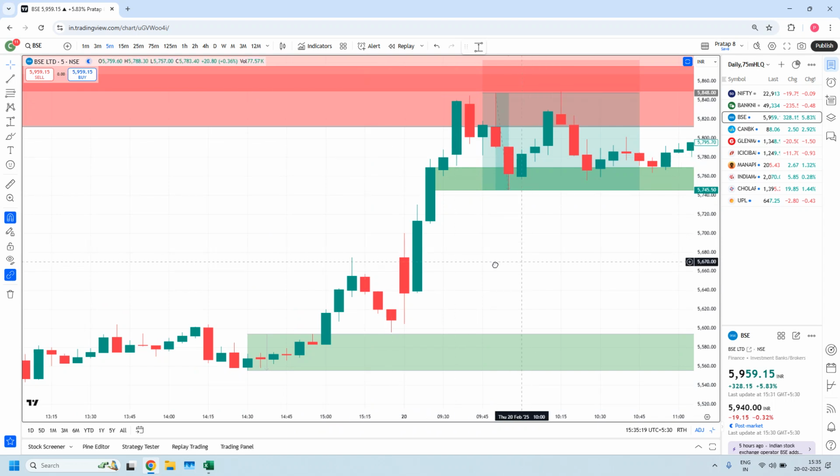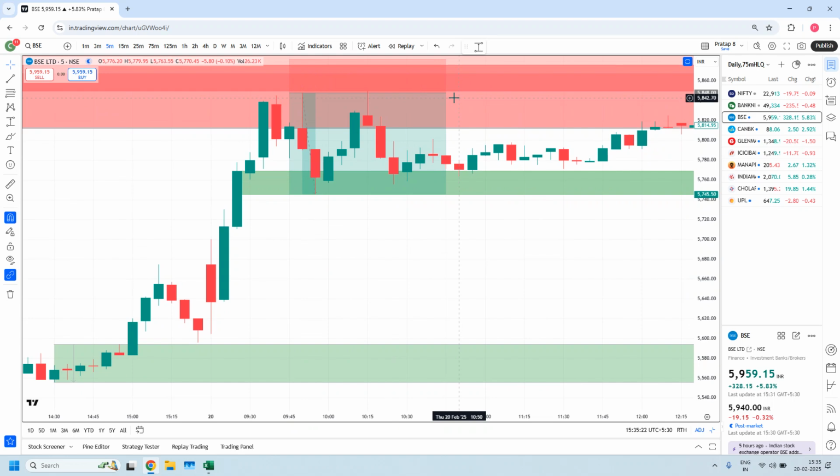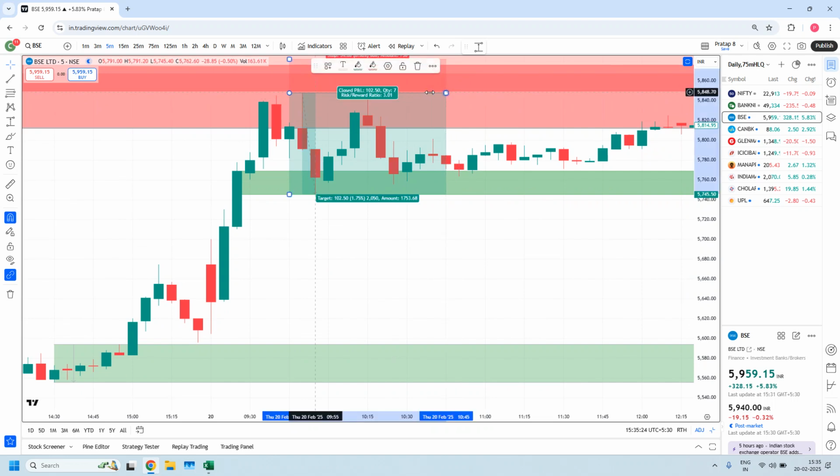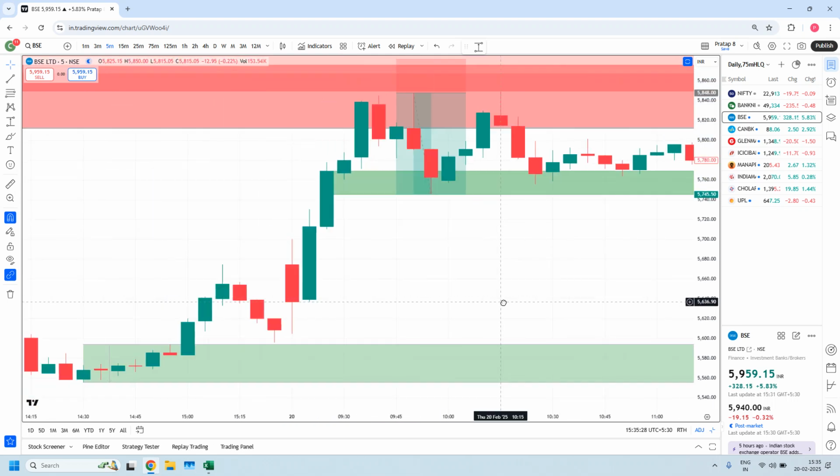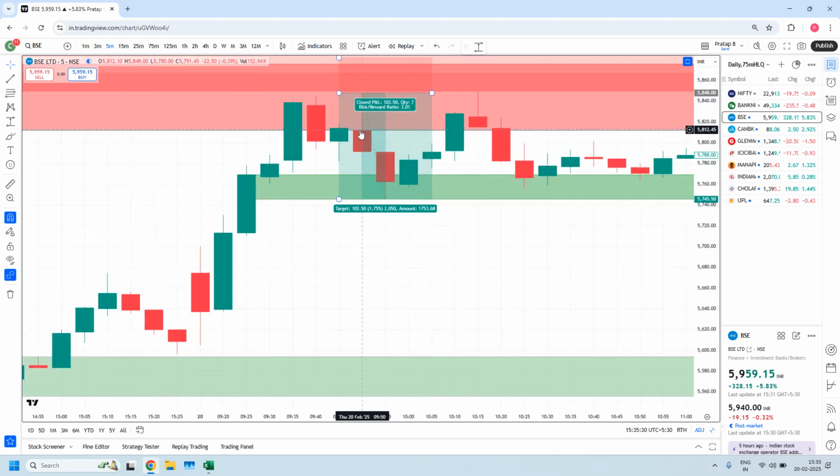It achieved 1:3 RR, and moreover, it achieved this 1:3 RR in just 10 minutes. Within 10 minutes.